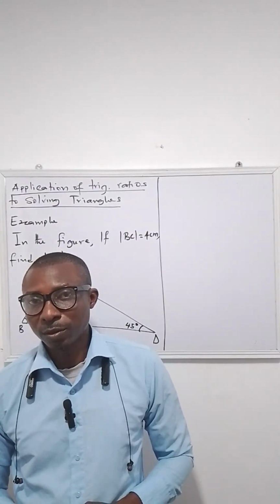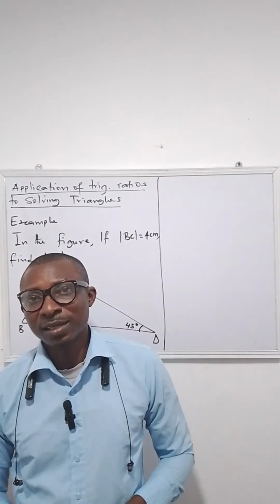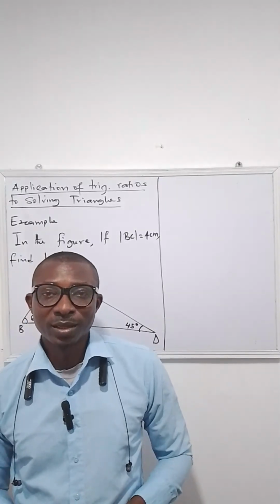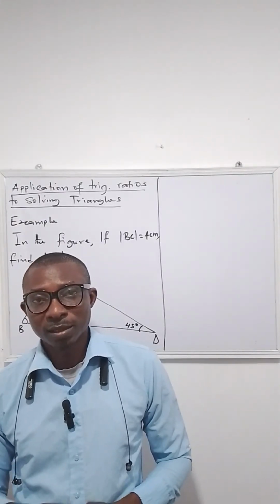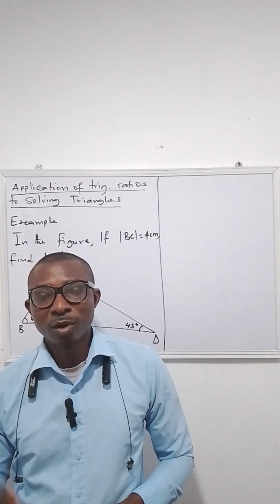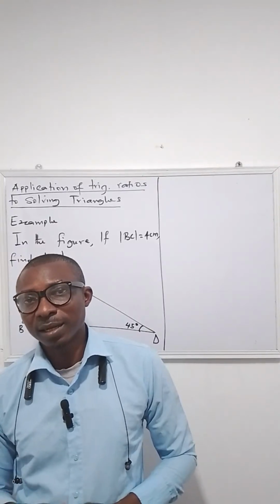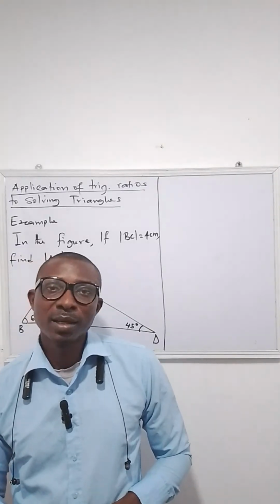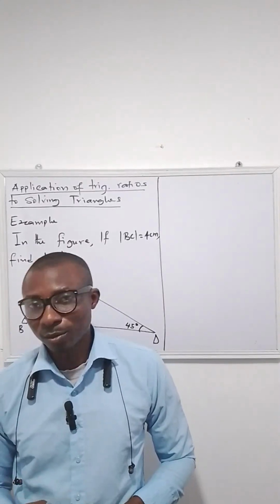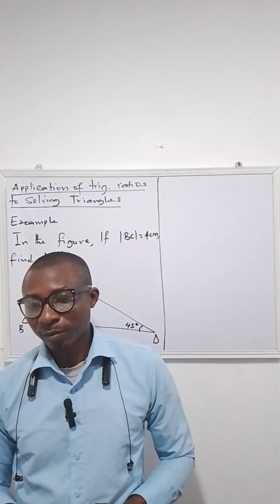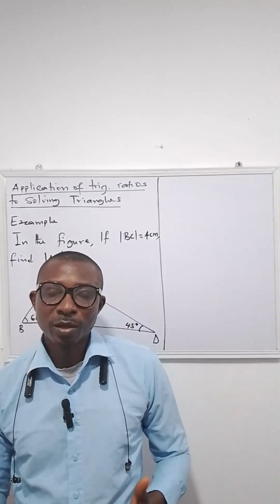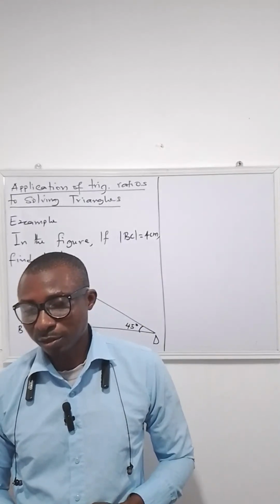We also looked at different types of angles. We have several of them. We looked at complementary angles, acute angle, obtuse angle, right angle, angle on a straight line, angle at a point, reflex angle, and so on. And we were able to make use of Pythagoras theorem.